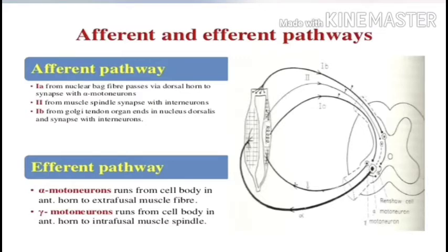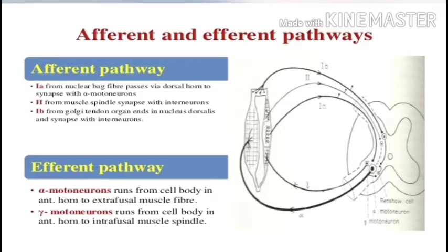Whenever there is discharge of the alpha motor neuron, there is also usually discharge of the gamma motor neuron. This is called alpha gamma co-activation. If, say, there is alpha motor neuron discharge but no gamma motor neuron discharge, what will happen? The central portion of the muscle spindle does not contain a contractile element, while the peripheral portion contains the contractile elements.